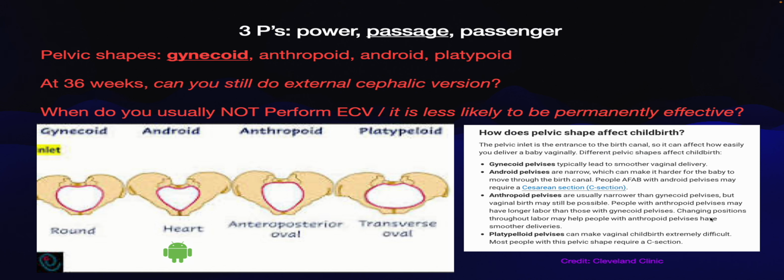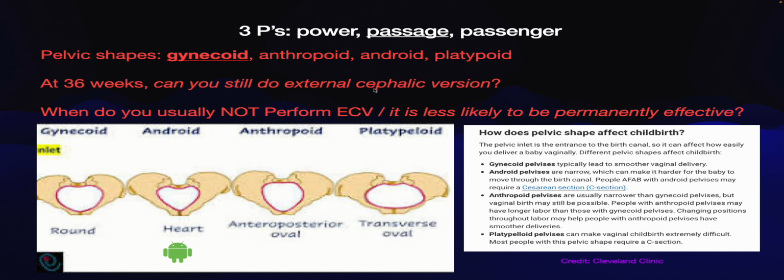And here at the bottom, you can see positional change throughout labor may help when patients have this pelvic shape. And lastly, hardest to say and also hardest to deal with, platypelloid. Vaginal childbirth, extremely difficult. C-section, more often than not with platypelloid, will be the outcome.